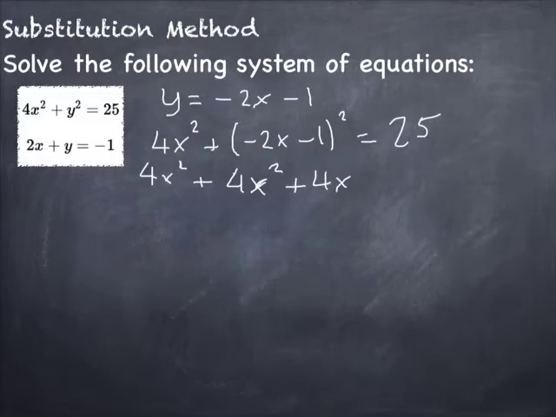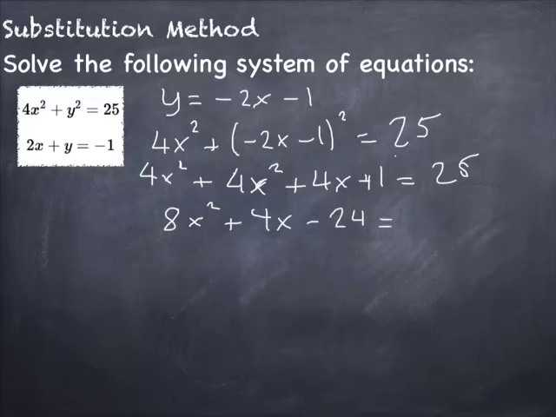Negative 1 times negative 1 is positive 1. And that equals 25 still. Simplifying this even further, 8x squared plus 4x. Just move the 25 over by subtracting it, we get negative 24 equals 0.